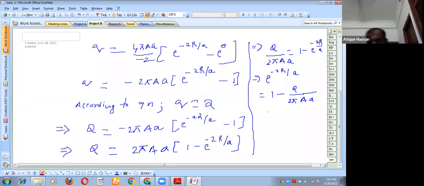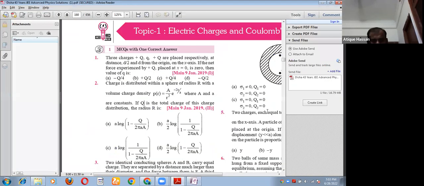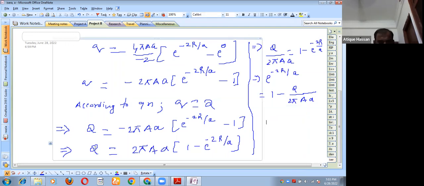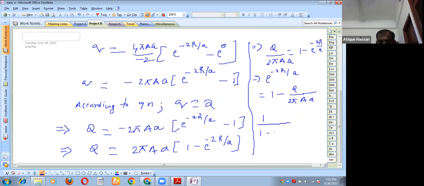So from here, see the options also. Now what we can do, we can also say that 1 by 1 minus Q by 2 pi into a.